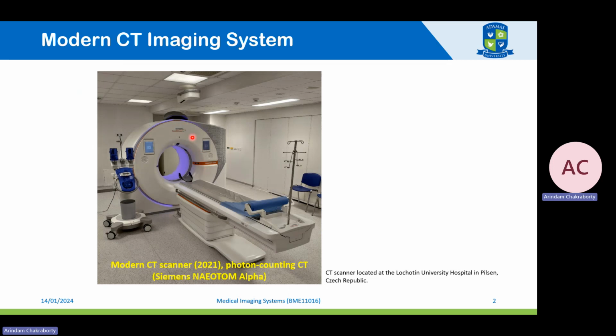As we can see here, this is the whole gantry, which houses both the X-ray source as well as the X-ray detectors, as well as all the other components like the spatial filtering, the X-ray collimators, and all other digital image processing parts. And this is the bed which houses the patient, and this is where the X-ray source rotates across it and takes the image.